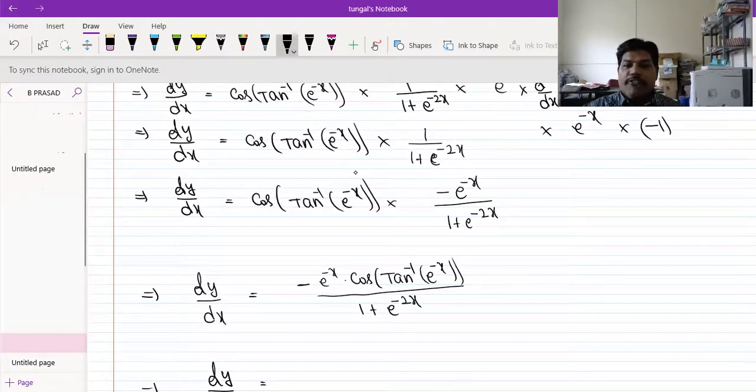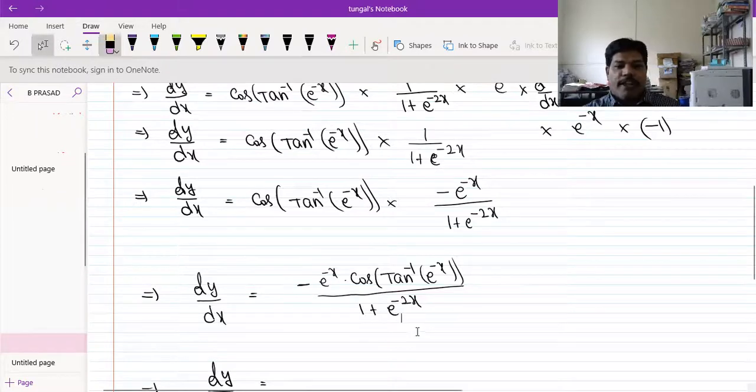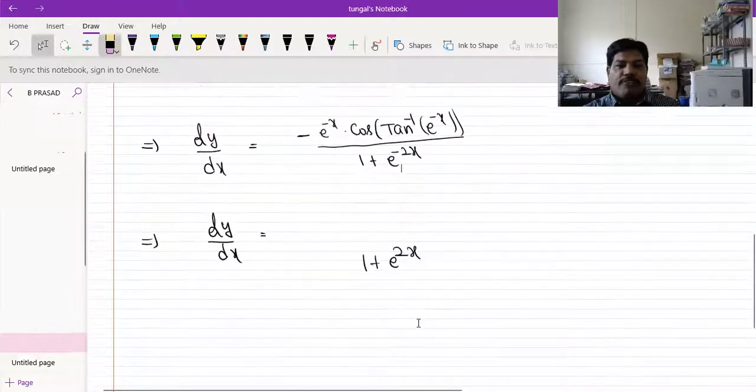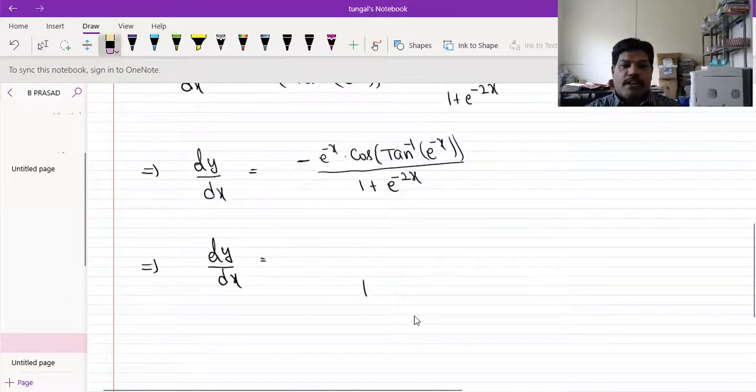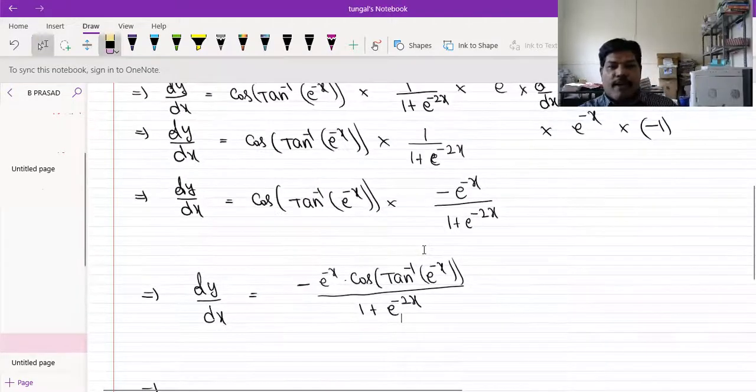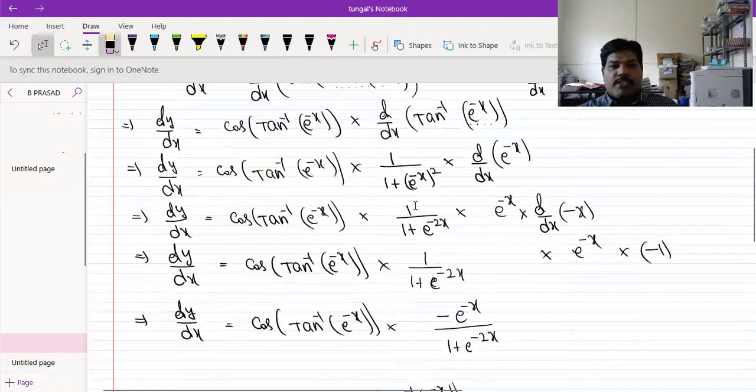If you take e power minus 2x common, you will get another form, and the formula is different. There is no need to take it, because the given answer is in this form only. So that's why I'm not taking e power minus 2x common.